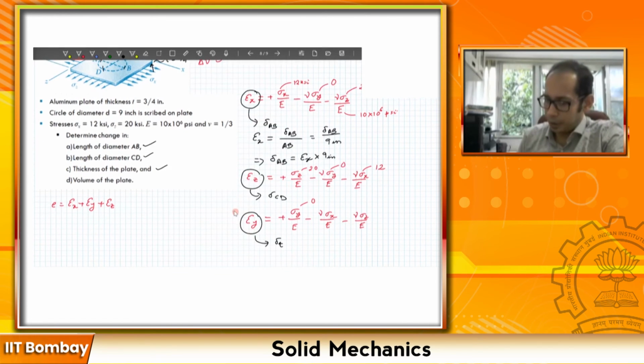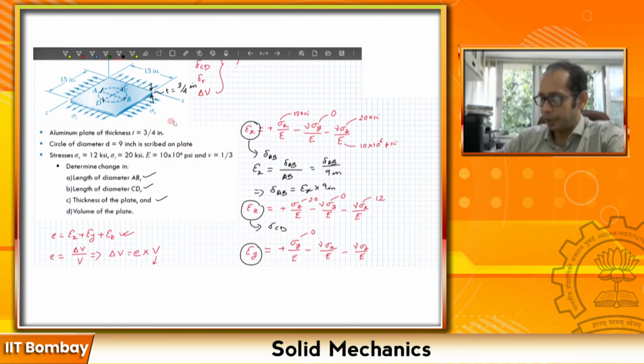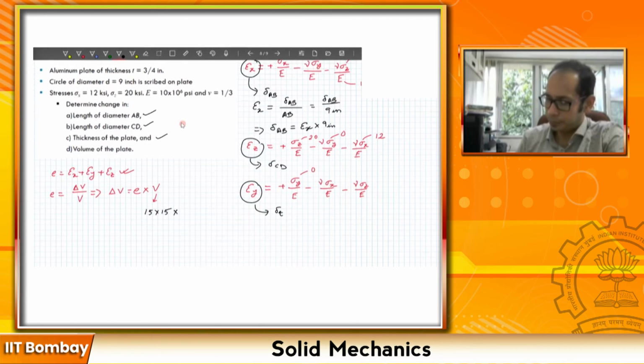So E is nothing but delta V by V, right? With this you can also calculate delta V, because the change in volume is simply delta V. It is going to be E, which you calculate from this particular equation, times the original volume, where the original volume, as we just figured out, is 15 times 15, the length times the width, times the height T, right?